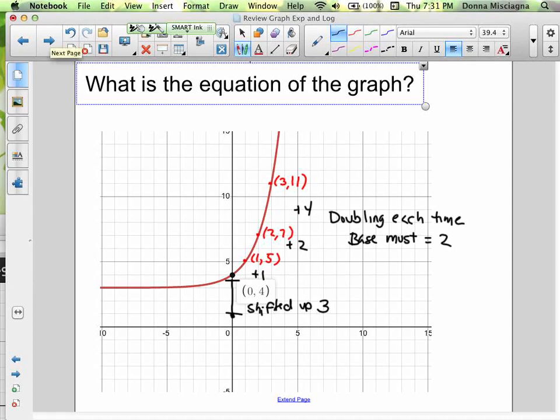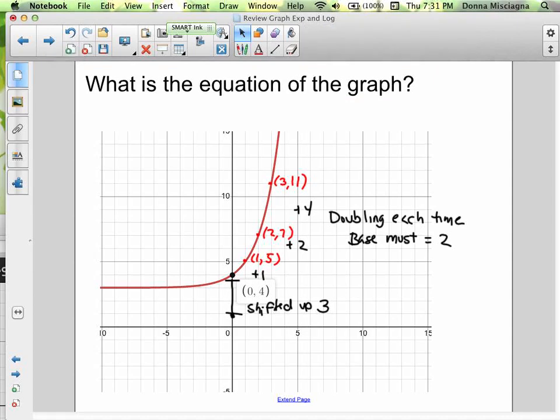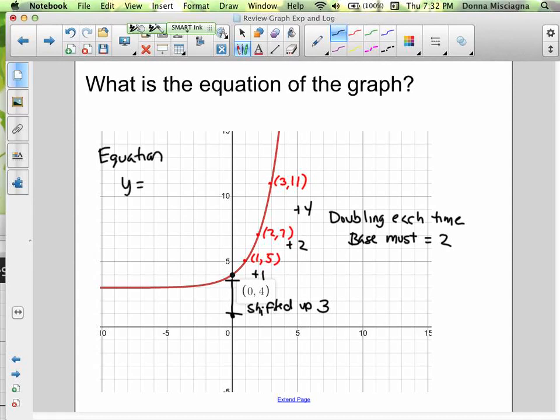So that's going to give us the equation y equals 2 to the x. But y equals 2 to the x has a horizontal asymptote of y equals 0, right?